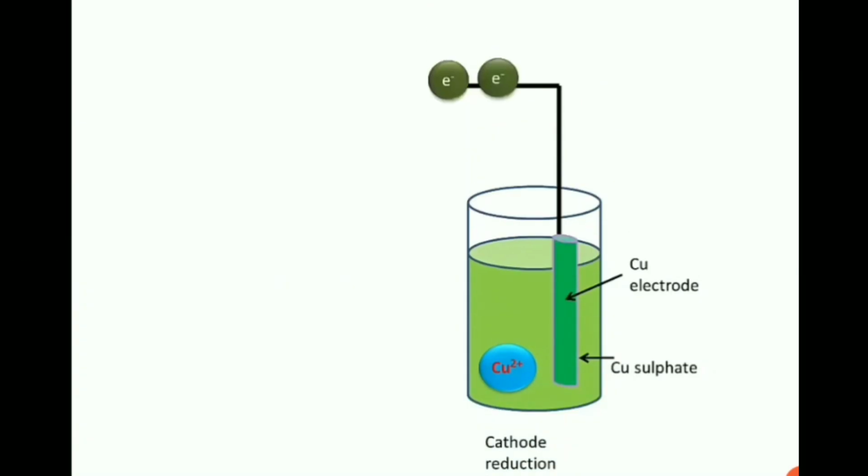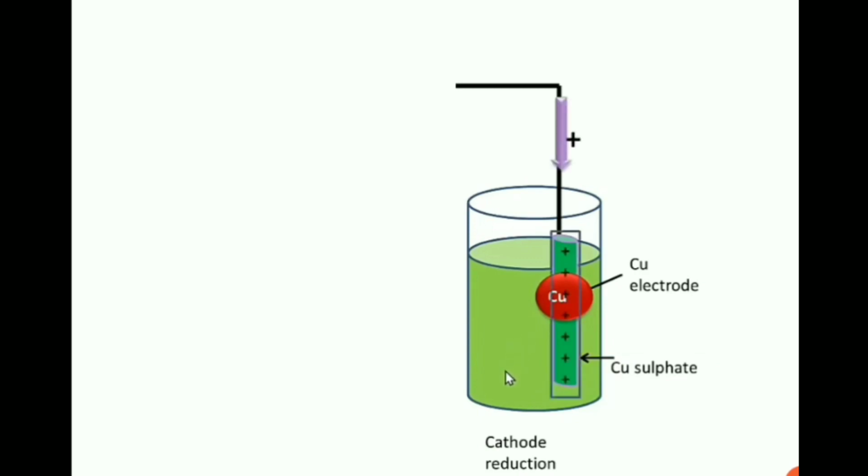The next half cell is a copper rod dipped in copper sulfate solution. Here, the electrons coming from the anodic half cell are accepted by Cu2+ ions in the solution to form copper atoms. Here, the electrons move from the electrode to the solution, so the electrode gets a positive charge and the solution interface gets a negative charge.